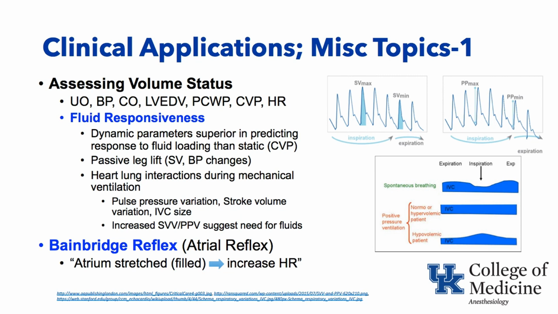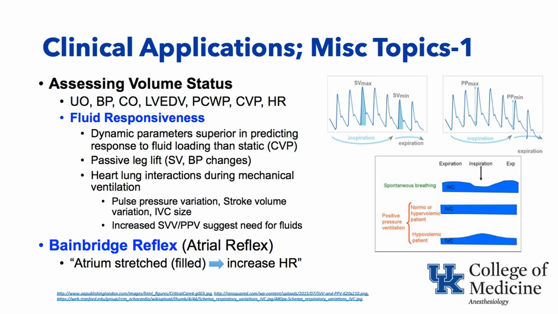Another fluid responsiveness measure is pulse pressure variation and stroke volume variation, which we can look at in patients during mechanical ventilation who have neuromuscular blockade present, and these heart-lung interactions can give us an idea about volume status. Up at the top right is shown stroke volume variation and pulse pressure variation.